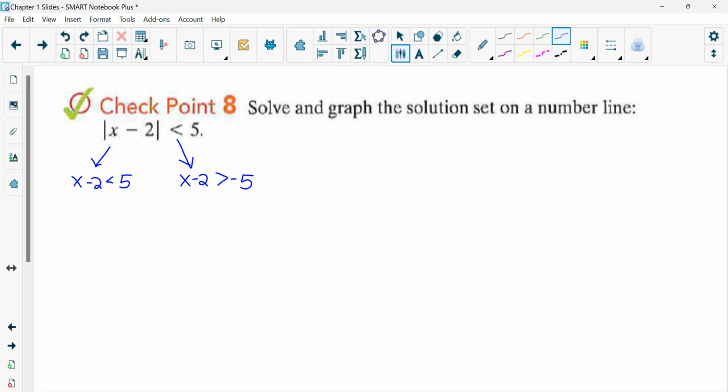So here we will add 2. So we get x is less than 7. x is greater than -3.